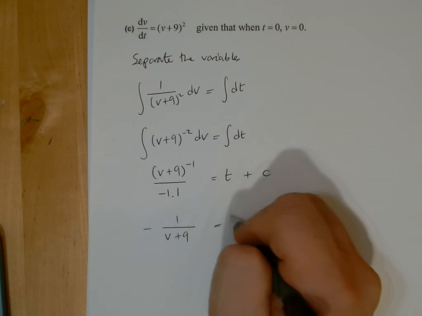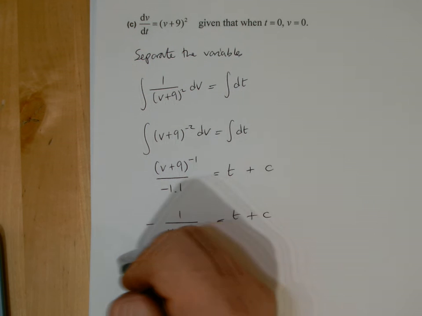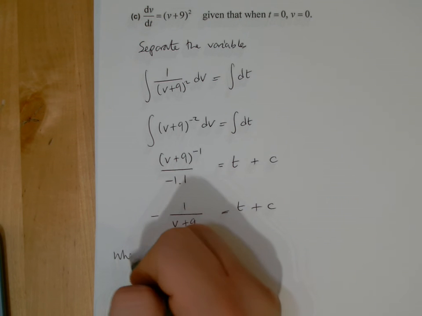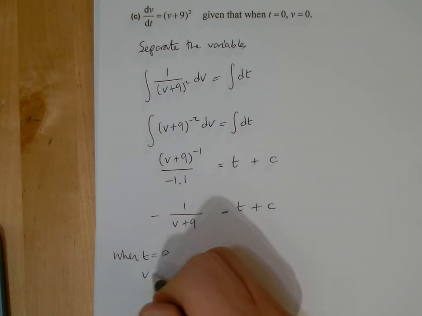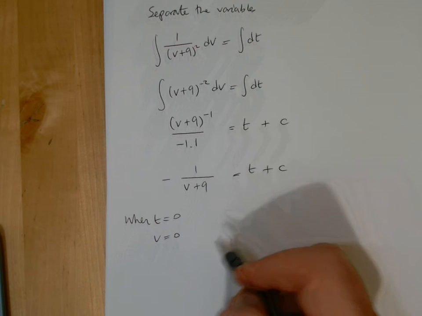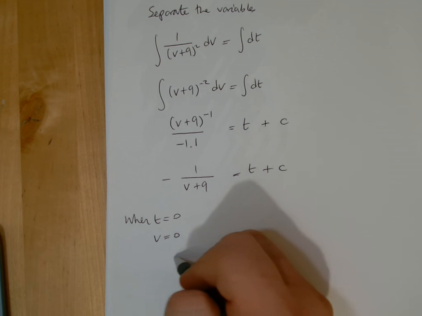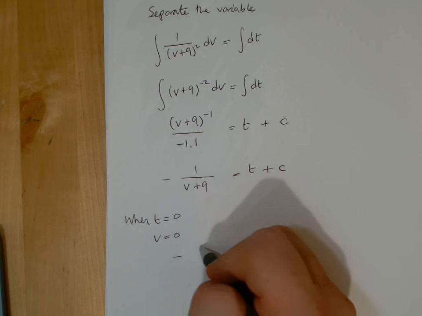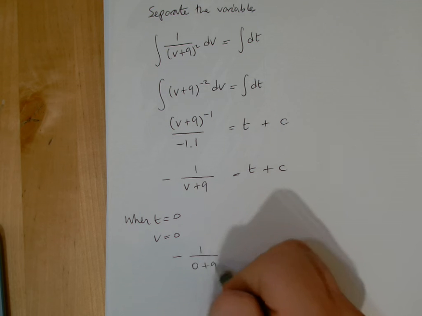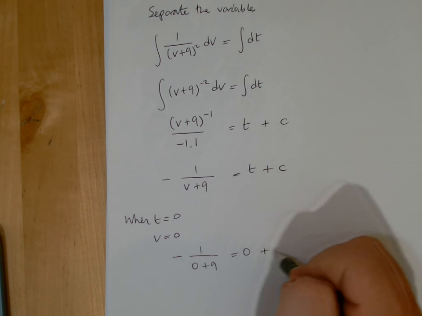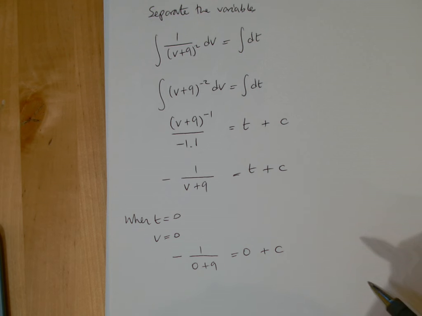So then, when t is 0, v is 0. So you just sub that in, and on this side, you'll just have minus 1 over 0 plus 9 is equal to 0 plus c, which implies then that c is equal to minus 1/9.